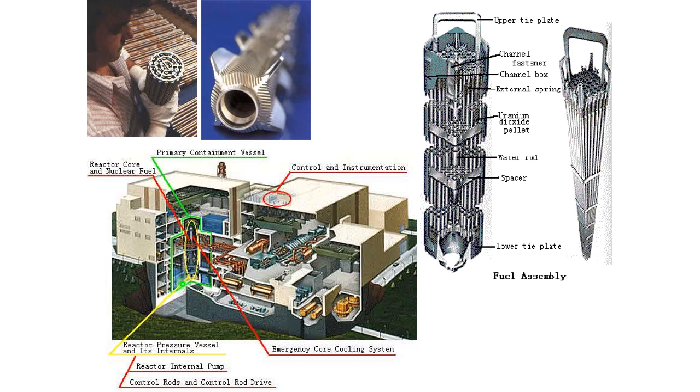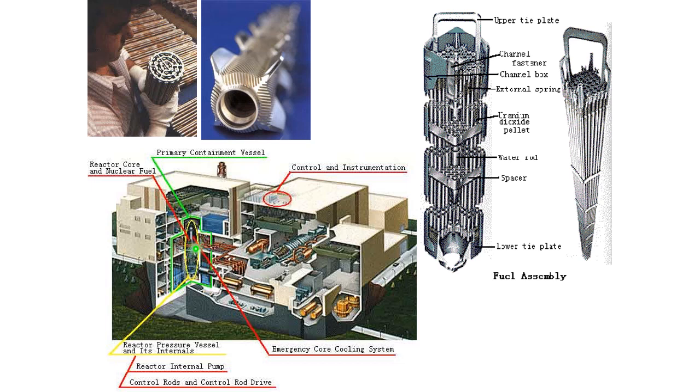The whole reactor building contains the reactor itself, the core with nuclear fuel. There is a pump and control rods, so there are several systems that moderate. Rods are made mainly of cadmium.